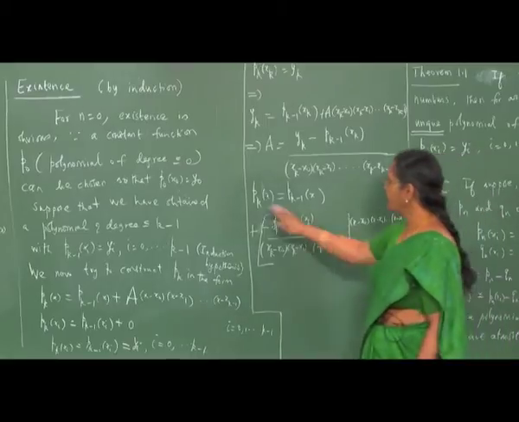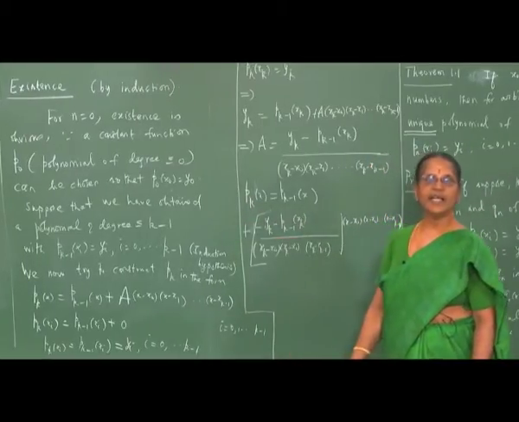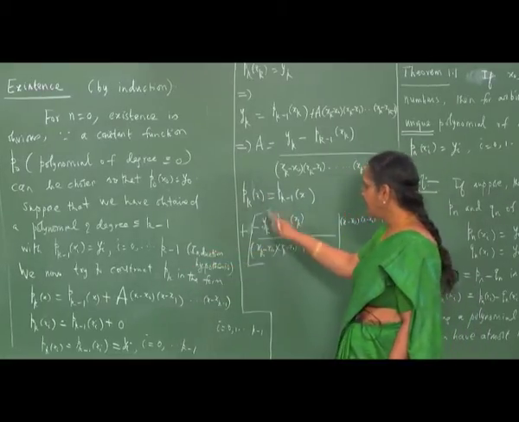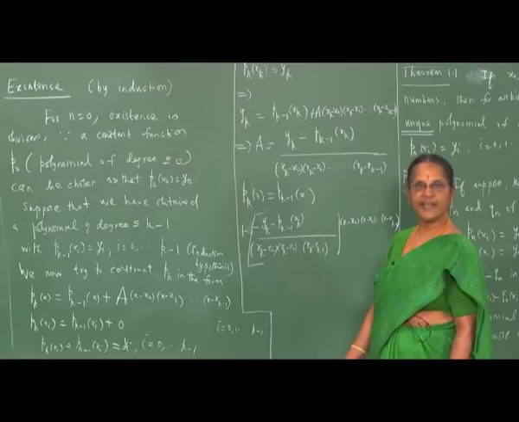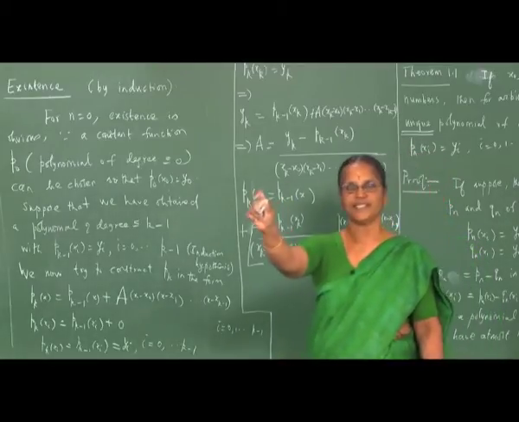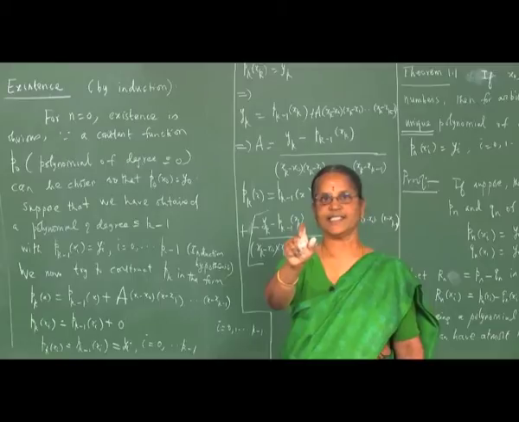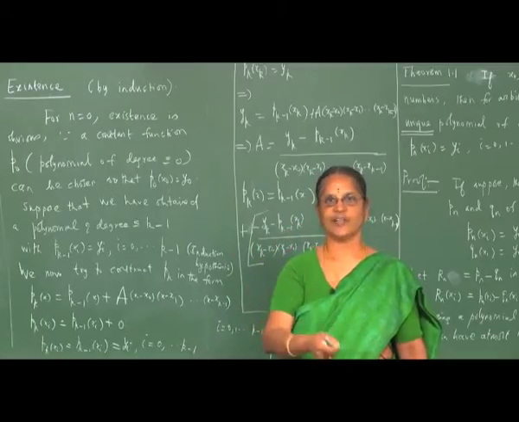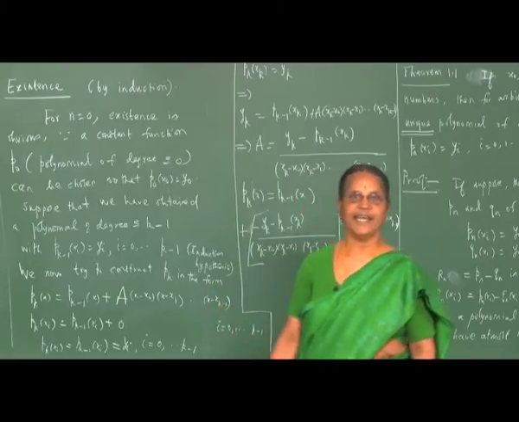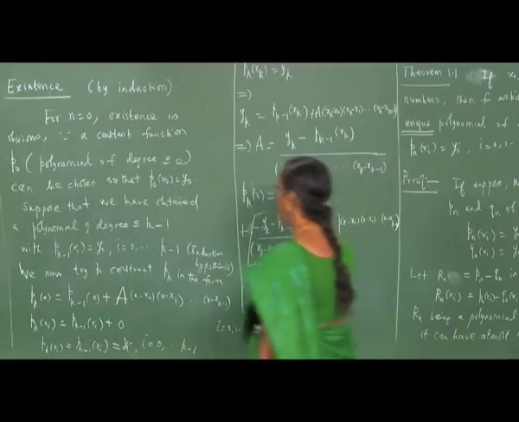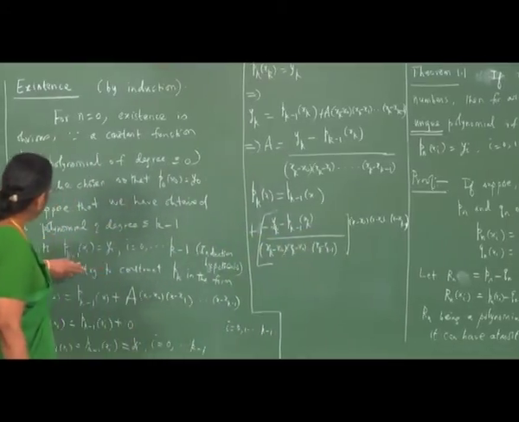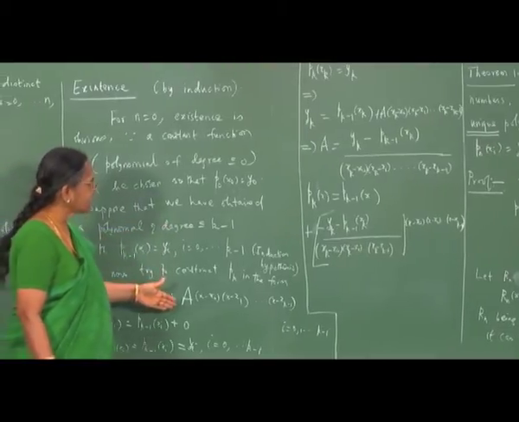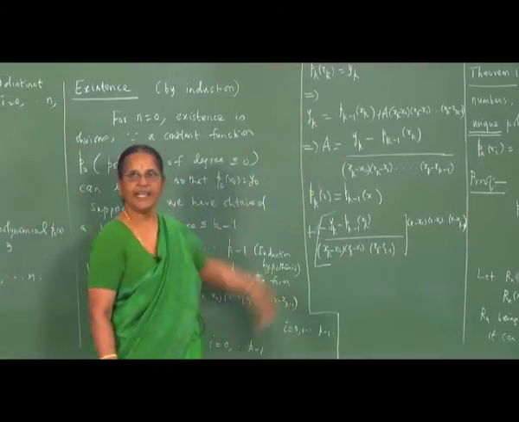So, you have constructed a polynomial of degree k that interpolates the function at a set of points x naught, x1, etc. xk. So, they are k plus 1 points. So, pk interpolates the function at a set of k plus 1 points x naught, y naught, x1, y1, etc. xk, yk. So, assuming that pk minus 1 has been obtained, we have been able to construct a polynomial of degree k.